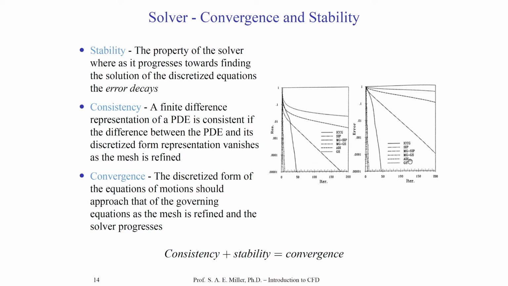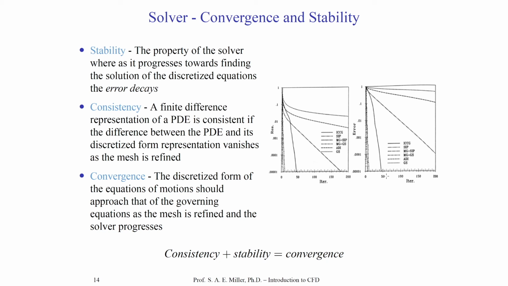The lines on these graphs just represent different types of solvers, and you can see that there's many types of solvers in this class. For example, MG represents multigrid as one of many examples, and these lines are plotted. So for the same problem, the same boundary conditions, the same discretization, we can run different solvers and we can reduce the error at different rates.